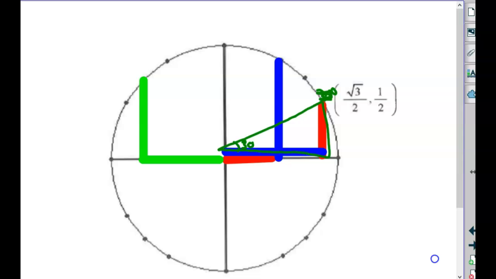If you can remember that x is longer than y right there. Is that x more than that? Square root of 3 is like 1.7, okay? So if you can remember, or if you draw your 30, 60, 90 real quick on your paper, remember this is how it goes.